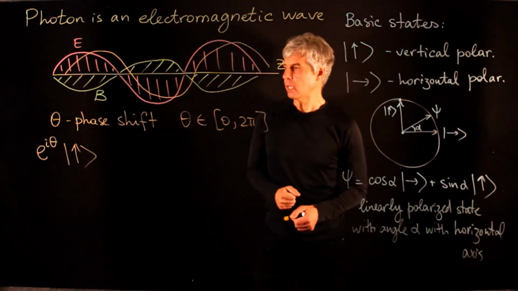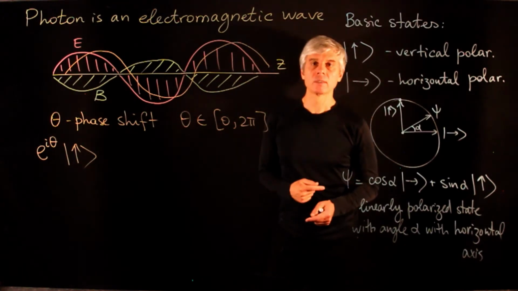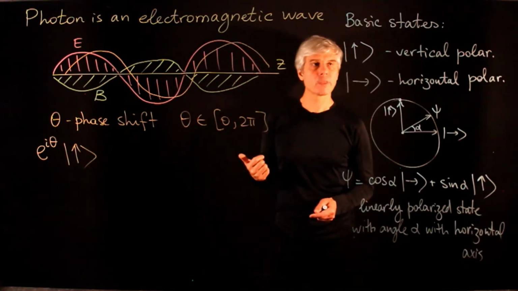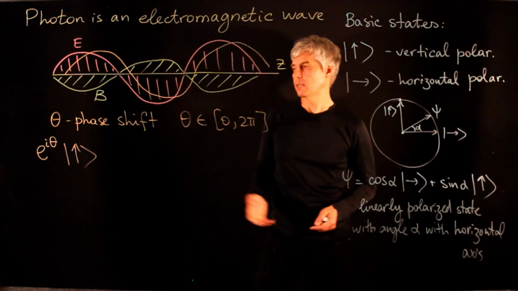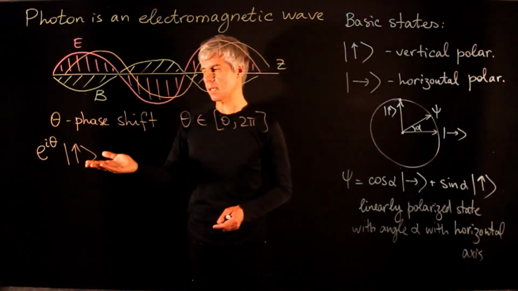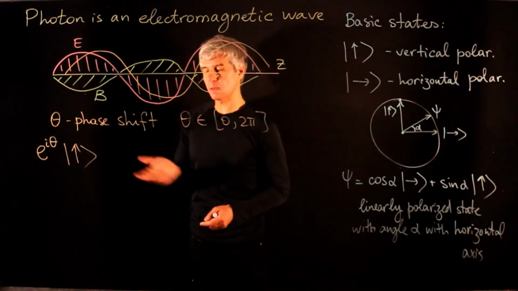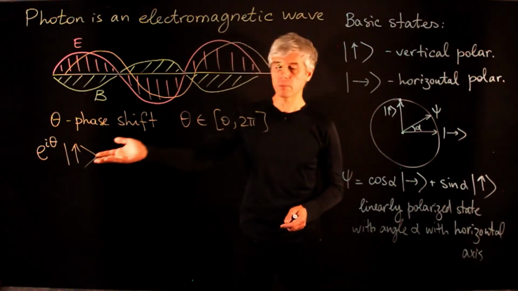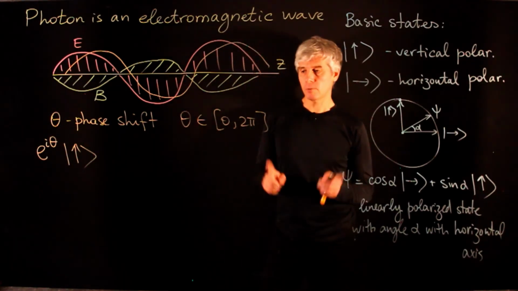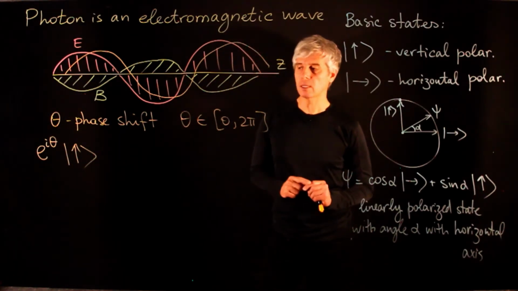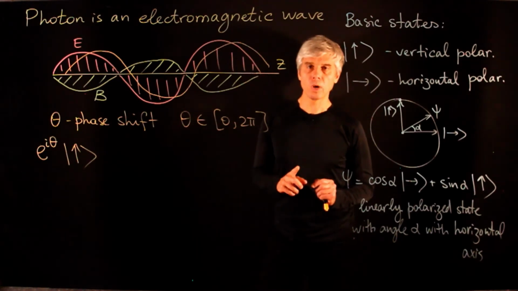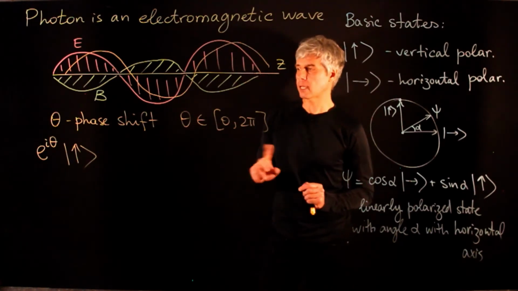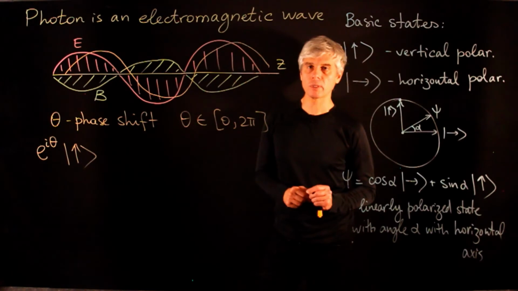But if you have two waves, one wave without shift and another wave that has the same polarization, the same frequency, the same direction of propagation, but with a phase shift, then you can detect that one wave has a phase shift with respect to the other.